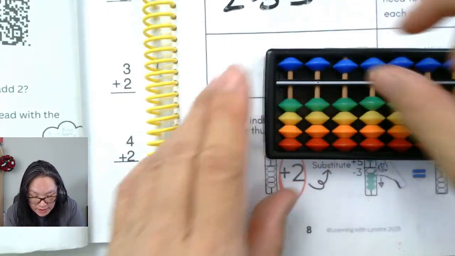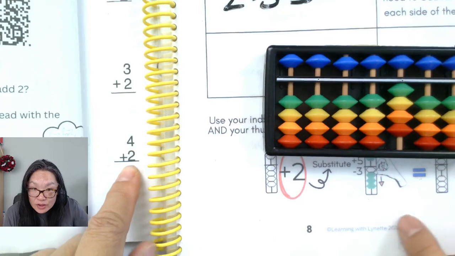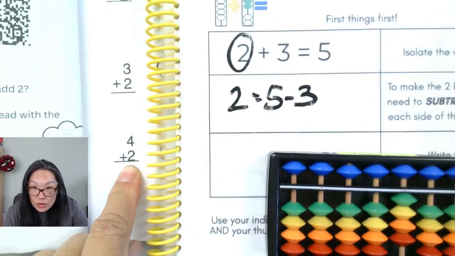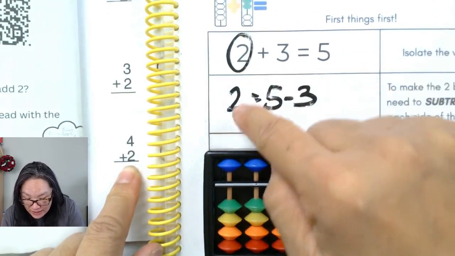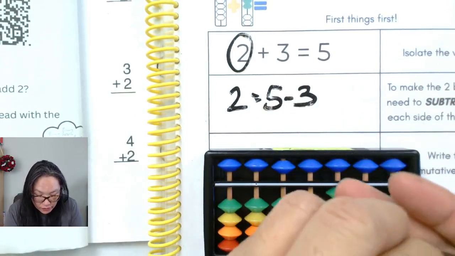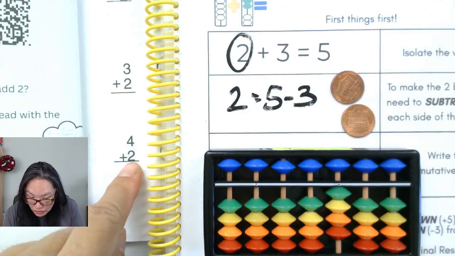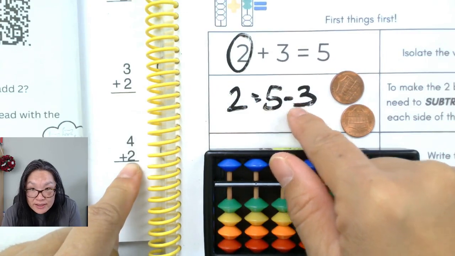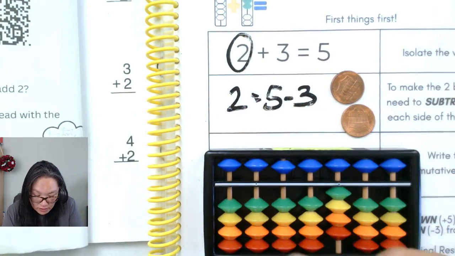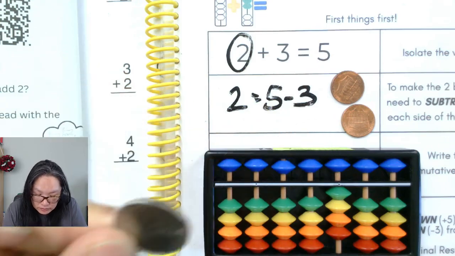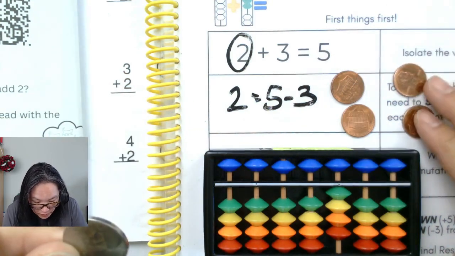So if I have 4 and I want to add the 2, I want to isolate the 2, right? I have 2. To isolate the 2, it's 5 minus 3. I have my nickel. I'm sorry, 4.